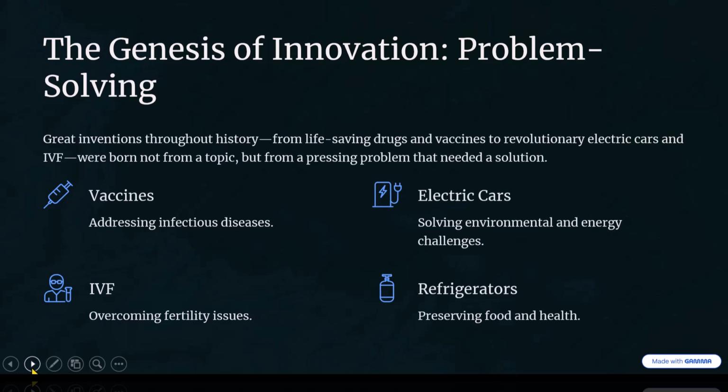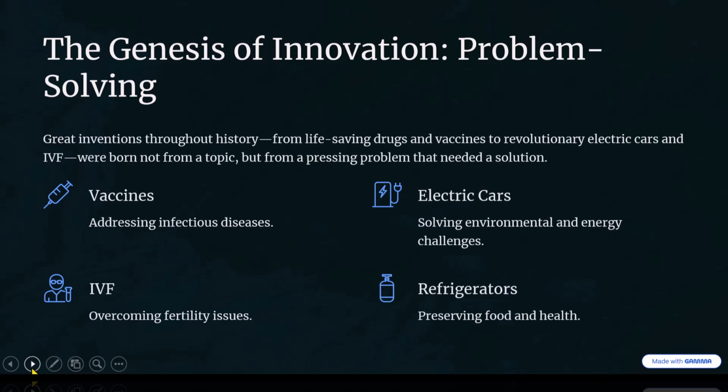The genesis of innovation is problem solving. For instance, most research done around vaccination was just that they want to address infectious disease. Researches carried out on electric cars were product of solving environmental and energy challenges. Researches on IVF is how to bypass the natural way of procreation.